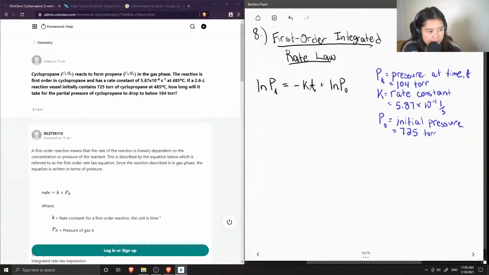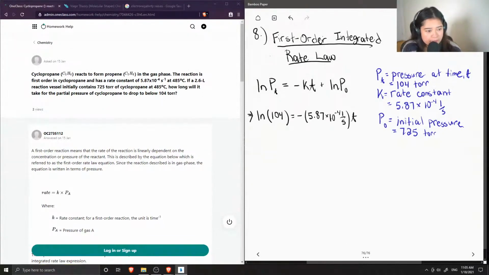We'll have ln of 104 is equal to negative k, which is 5.87 times 10 to the negative 4 inverse seconds, times t.